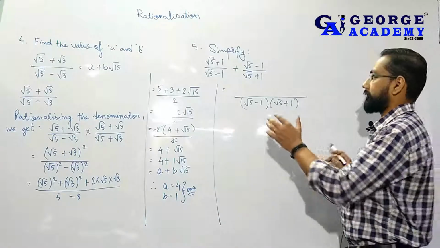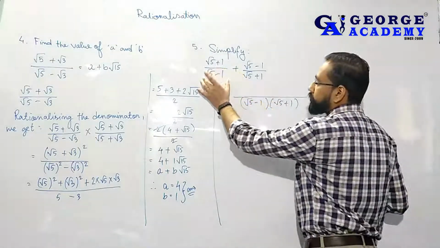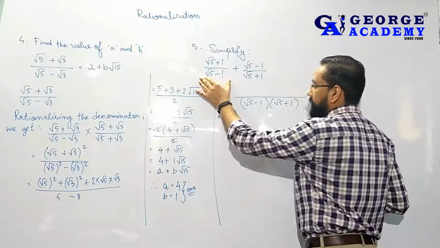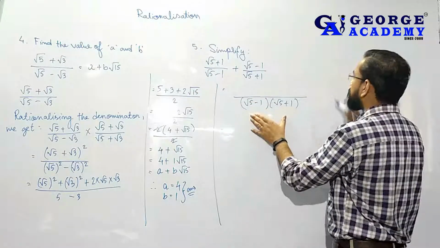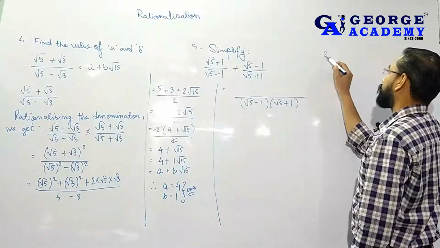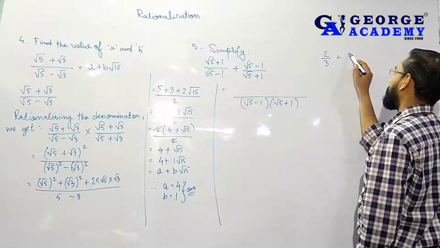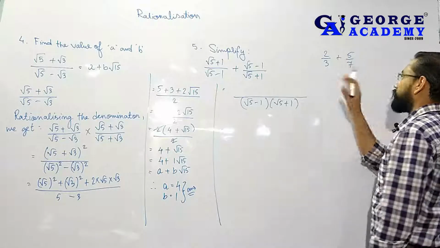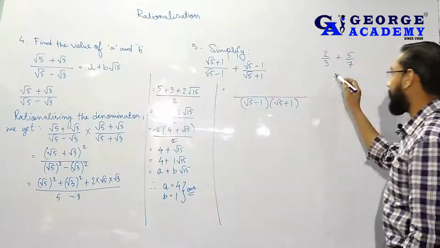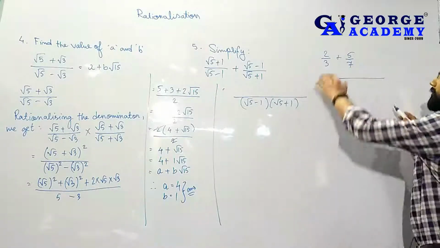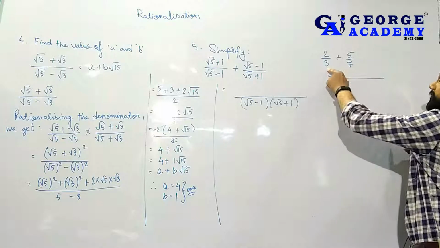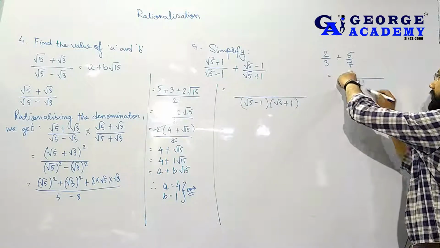Now we have to compare root 5 minus 1 into what is this one. Suppose we have a fraction, say 2 by 3 plus say 5 by 7. 2 fractions were there and we are adding these 2 fractions. What will be the LCM? The LCM will be 3 into 7, which is 21.